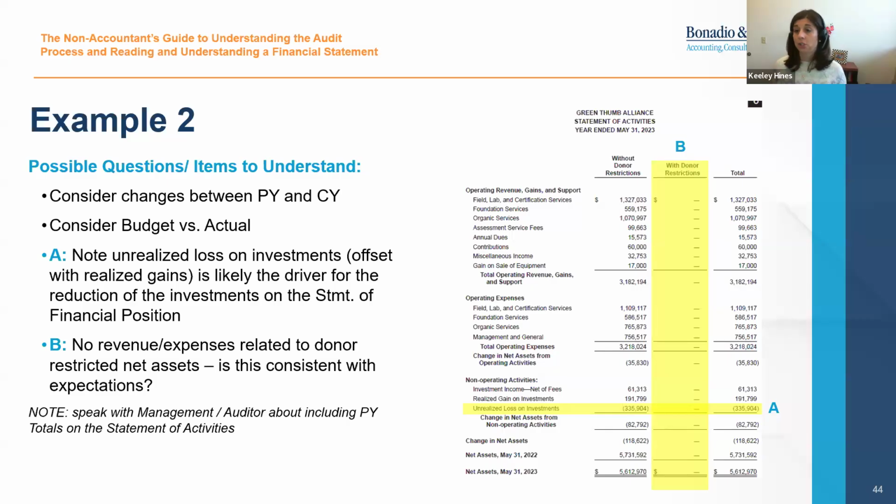So what are some things to understand and maybe to ask? Again, as I just mentioned, really consider the changes between the prior year and the current year. So why are the results what they are? Why did we experience a loss? And then considering, is that what we budgeted for? Sometimes there might be a reason that you budgeted for a small loss in a particular year.